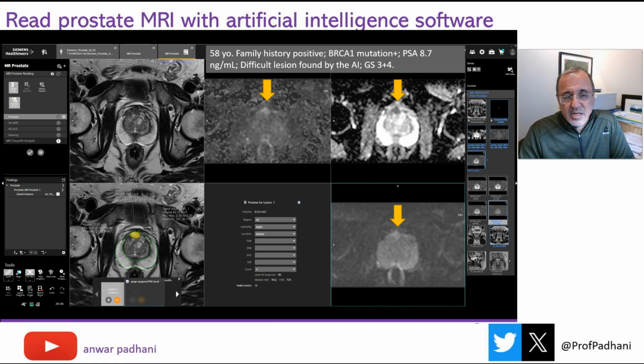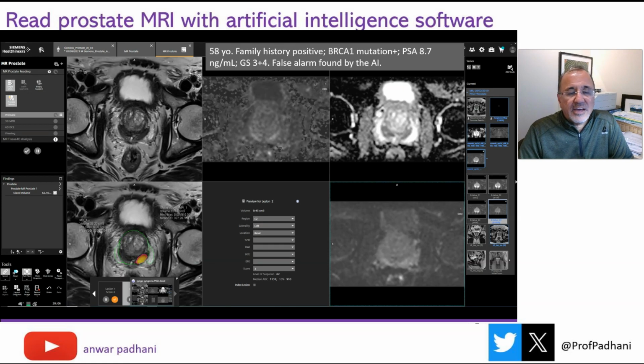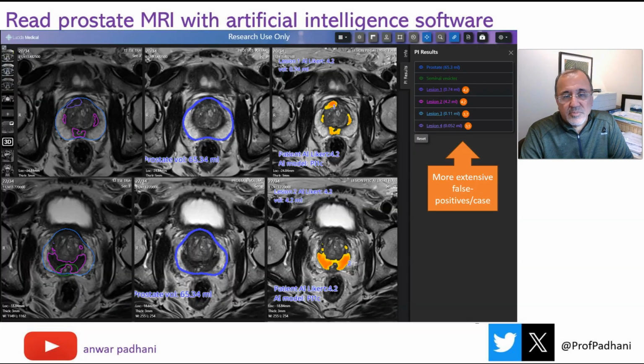We can see that there is a true lesion here anteriorly, which we previously identified as being a 3+4 cancer. But if you look very carefully, you'll see the left peripheral zone is identified, the left central zone is identified as a false positive lesion. So in this particular instance, for one true positive, you've got one false positive per case.